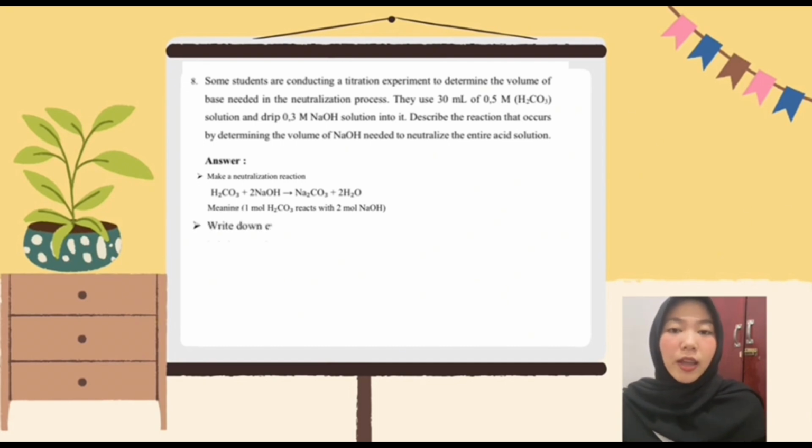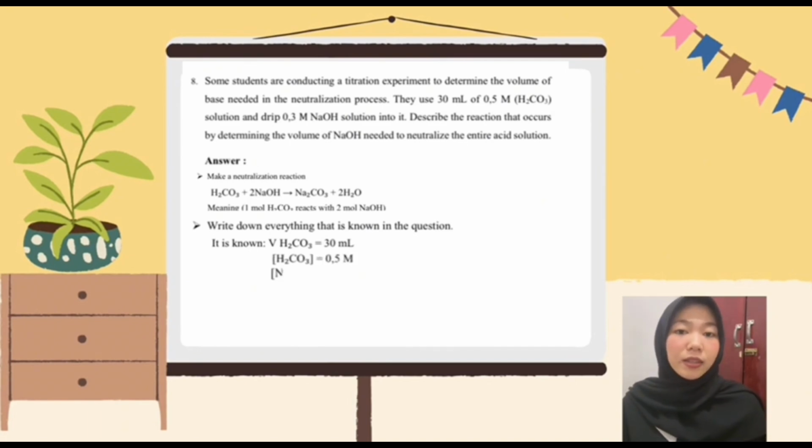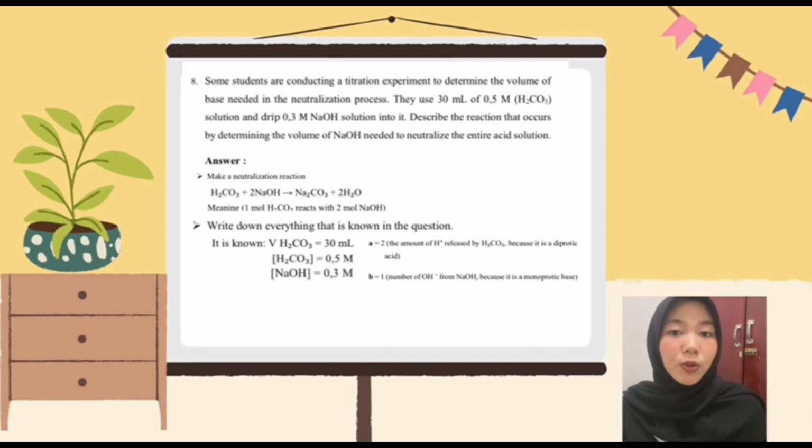Next, we write down what is known in the question, where the volume of H2CO3 equals 30 ml, the concentration of H2CO3 equals 0.5 M, the concentration of NaOH equals 0.3 M, A equals 2 and B equals 1.